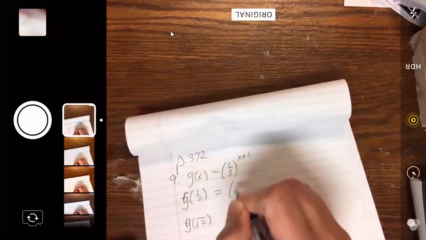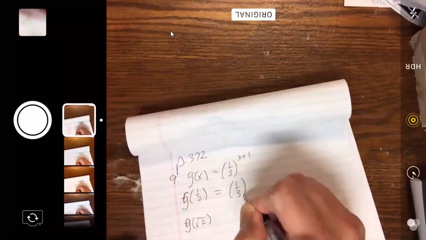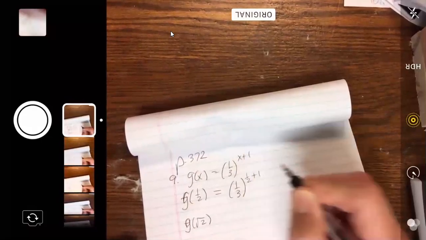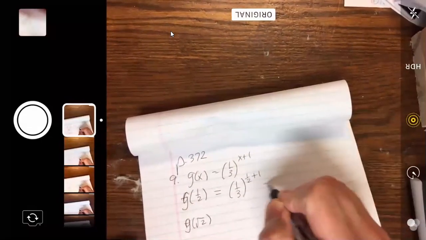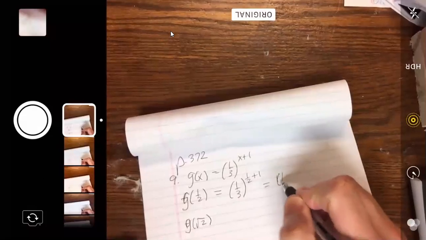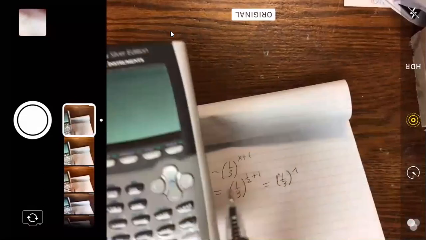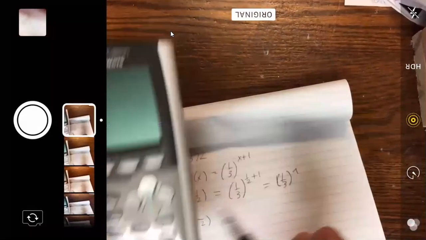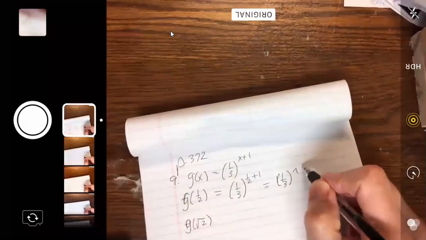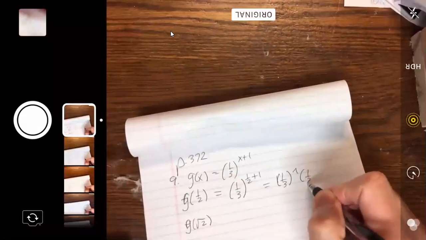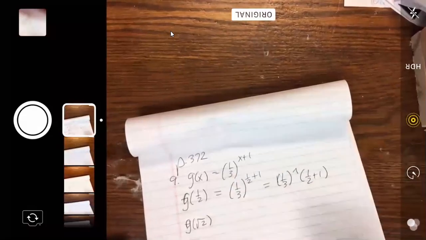So you'd have 1/3 to the half plus 1, and when you punch this, you leave your 1/3 in parentheses. The exponent key is over here, and you want to make sure you put your half plus 1 in parentheses because it's got multiple pieces. Anything with multiple pieces, you want to stick in parentheses.